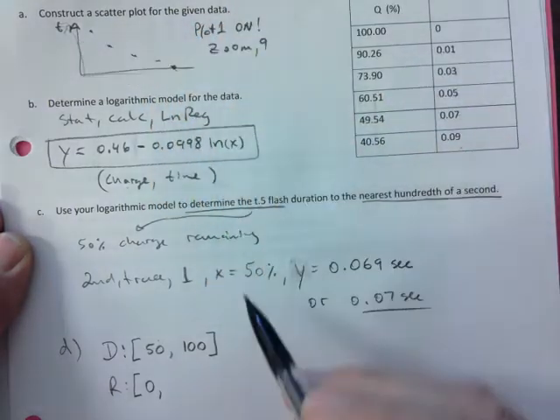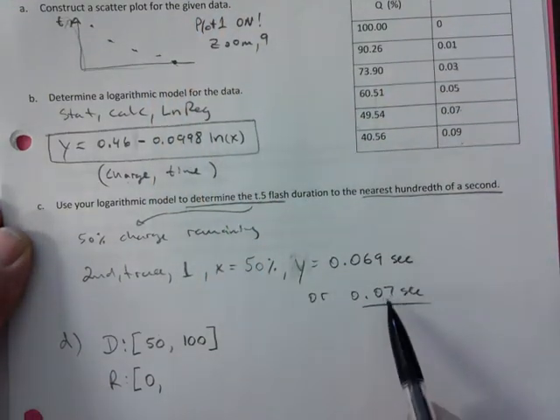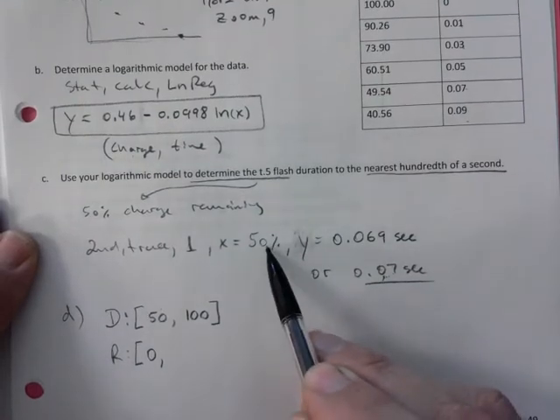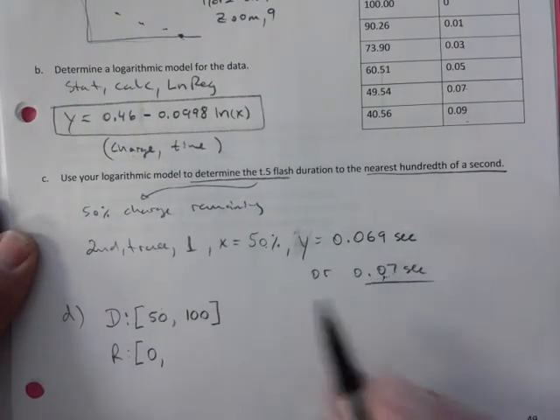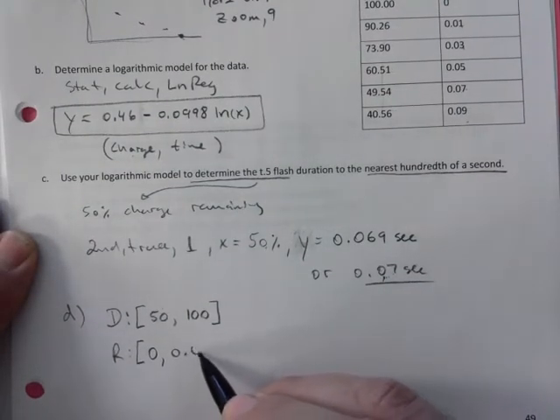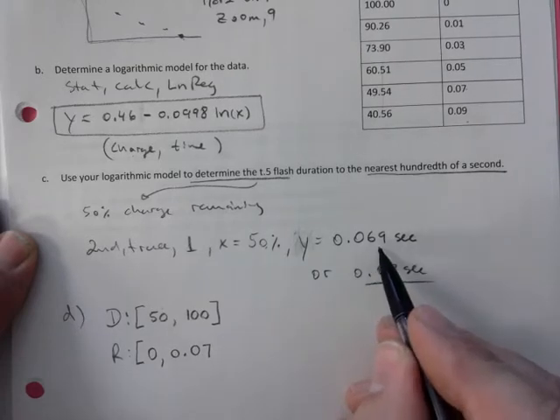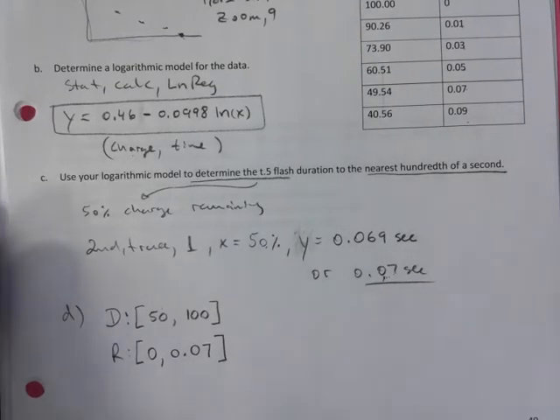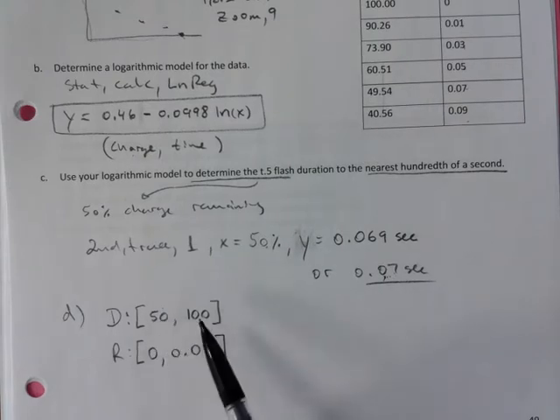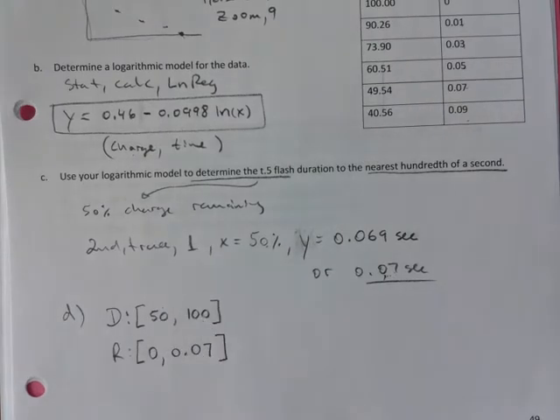But the highest time would be restricted by this, knowing that the flash has to be 50% or more. So 0.07 or 0.069, whichever you prefer. Just make sure lowest first, largest second, right? And then you got that part down.